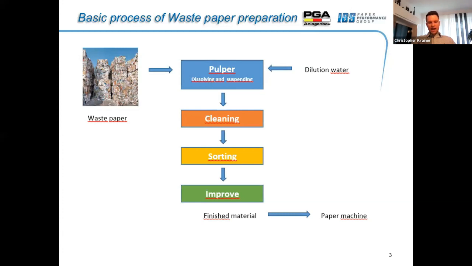Particles such as glass, stones, screws are separated in this step. In the next step, the stock suspension is sorted into accept and reject, the yellow part. This process is carried out by a screen, for example. If necessary, the cleaned and sorted stock suspension will be further improved. This will be done by a commercial refiner. The finished material goes ahead to the paper machine.